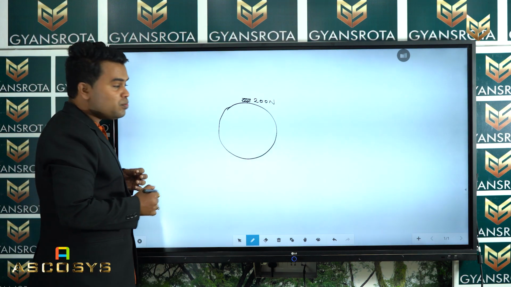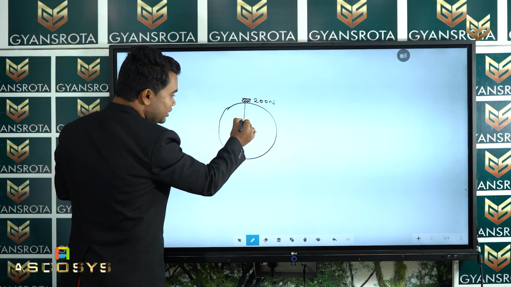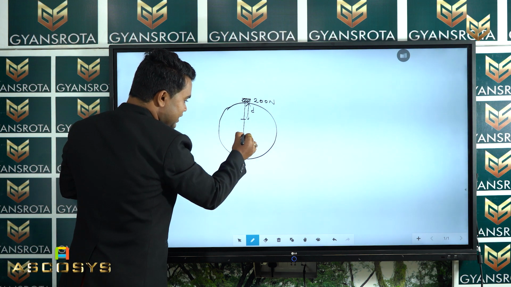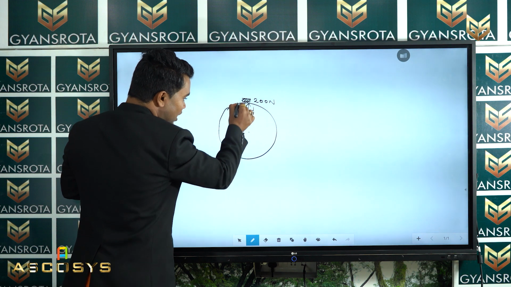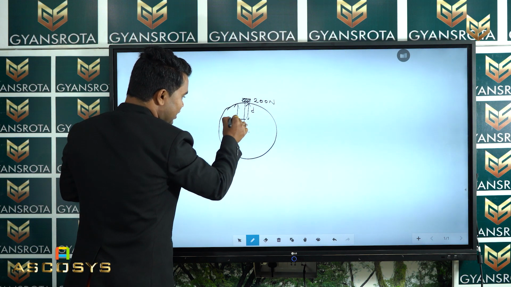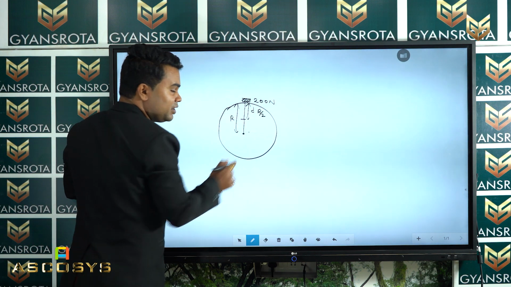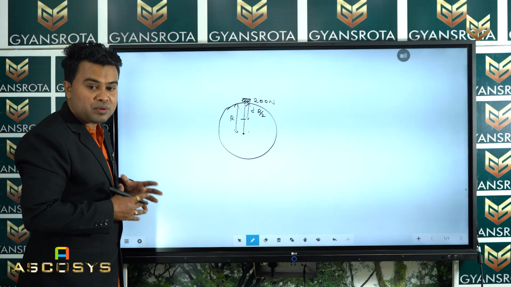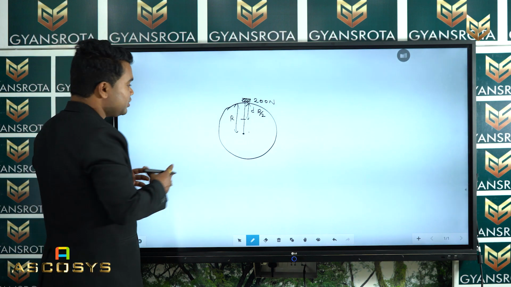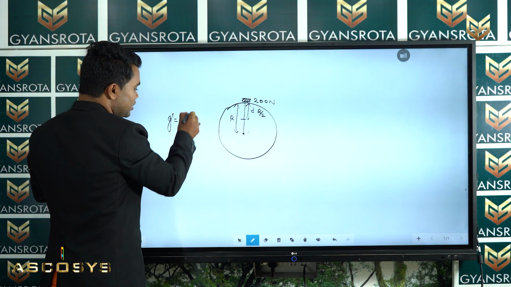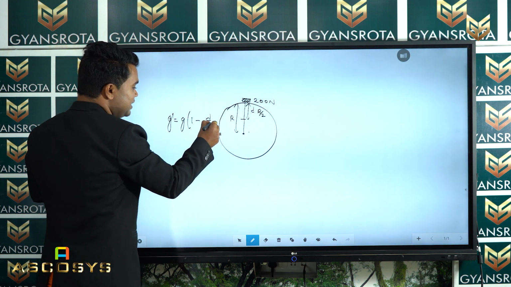Fine. Now, if you move halfway down the earth, suppose at a depth d, since this is the center of the earth, let us consider the radius r. If it is going halfway, then it will be R by 2. Now, which formula you need to use, my dear? You need to use this formula, g dash is equals to g into 1 minus d by r.